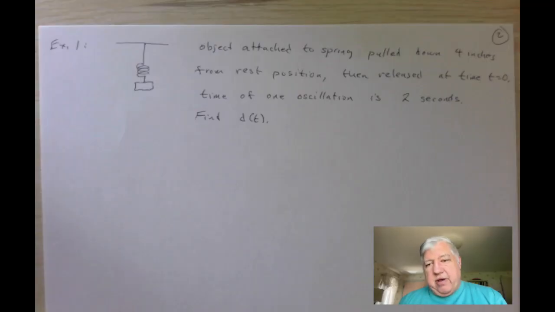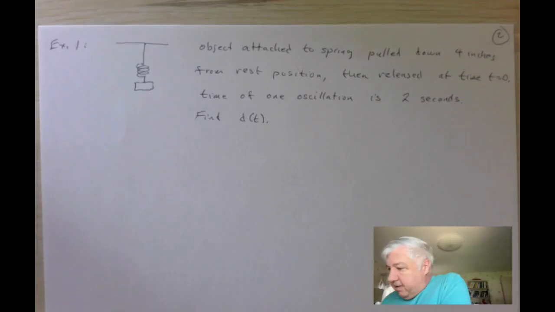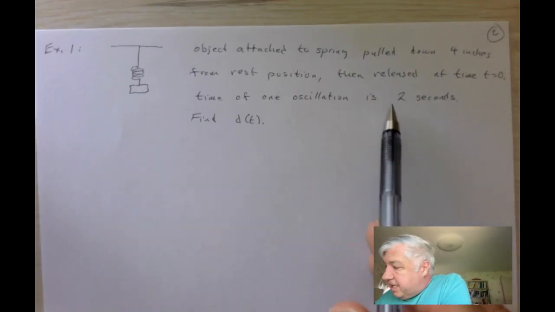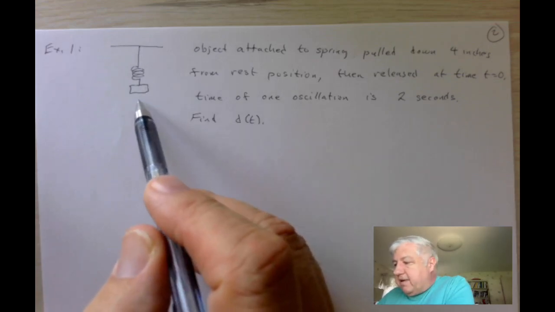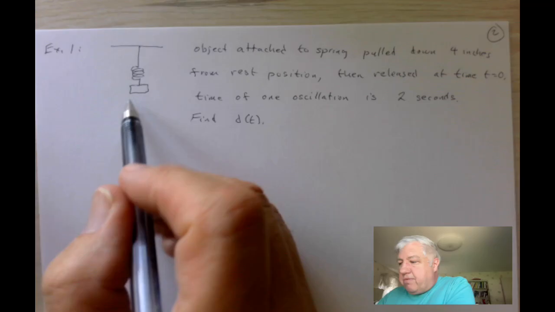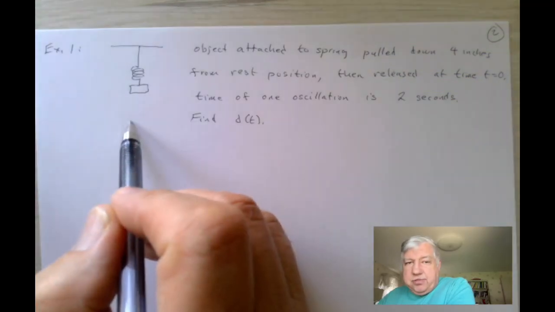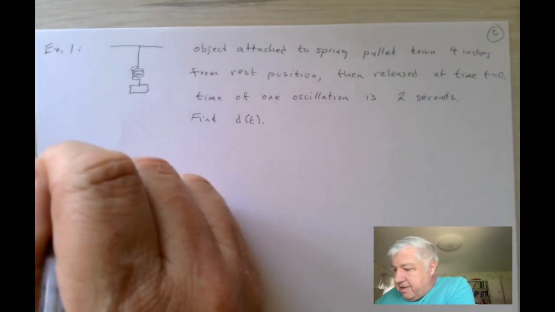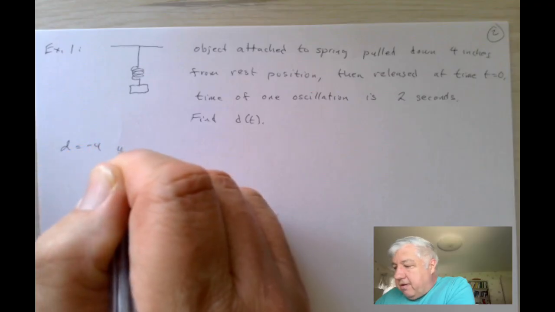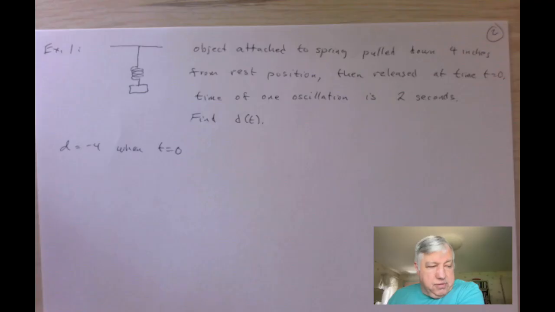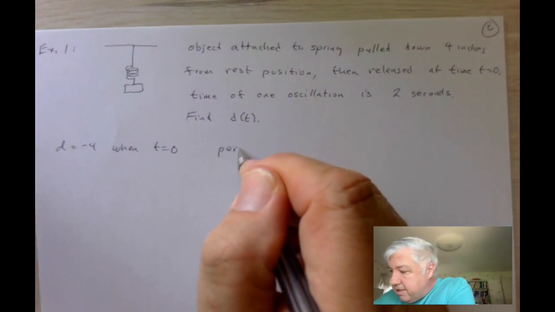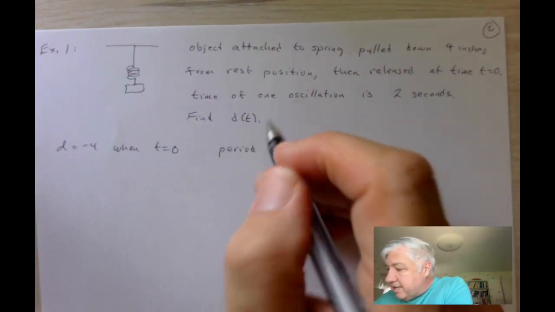This is a very unrealistic situation where we're ignoring air resistance. But because we're pulling it down, the displacement is going to be negative when it begins. We're pulling this down, and at t equals 0 we let it go. So d is going to be -4 when t equals 0, and the period is 2 seconds.